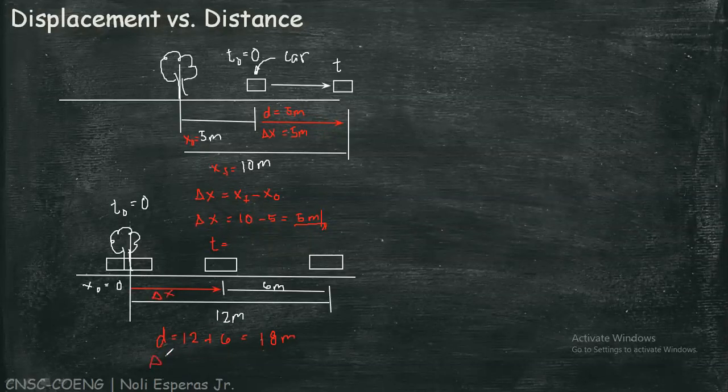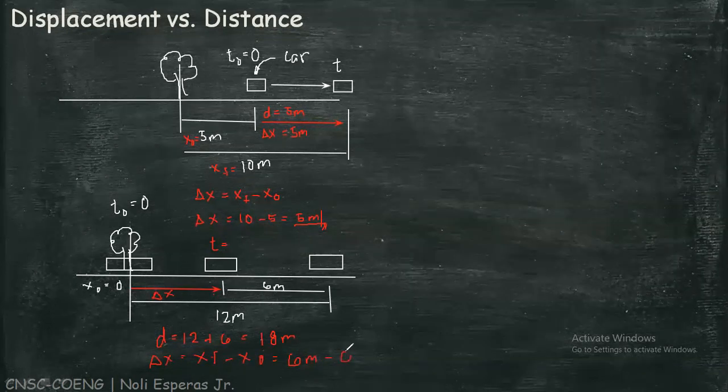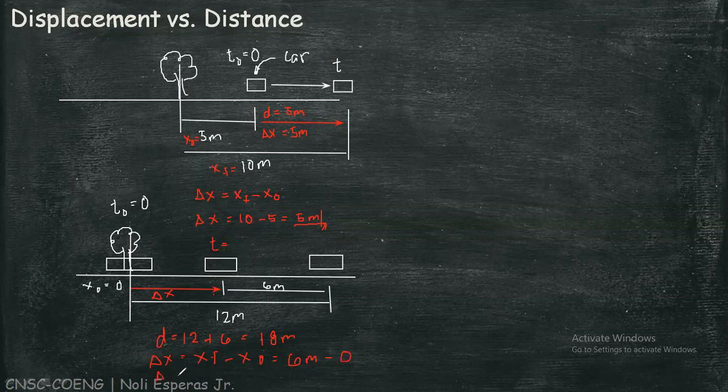So the displacement based on the formula is final position minus initial position, wherein its final position is 6 meter from the right of the tree, and its initial position is 0. Therefore, the displacement of the car is 6 meter. Can you see the difference between displacement and distance?